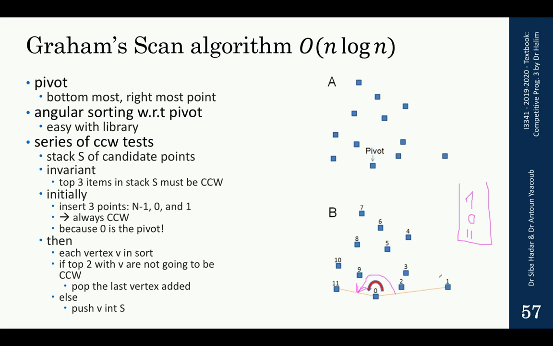So we finished with 1. We will consider the point 2. We check the top 2 with v, so top 2, 0, 1, with the point 2, to see if they are going to be counterclockwise.